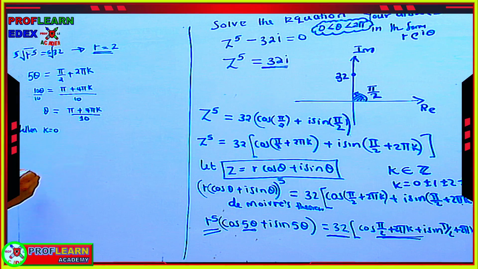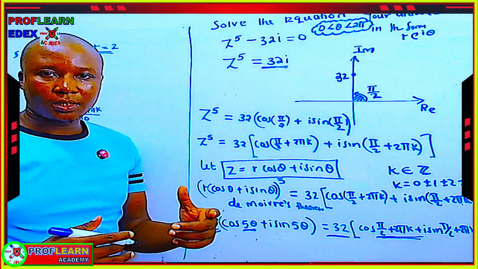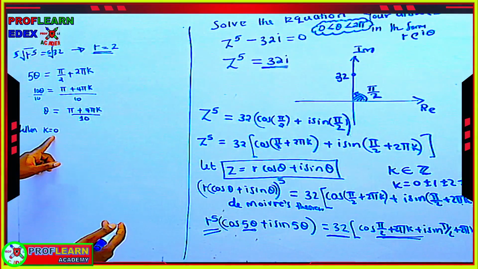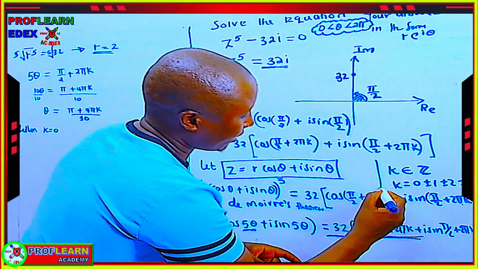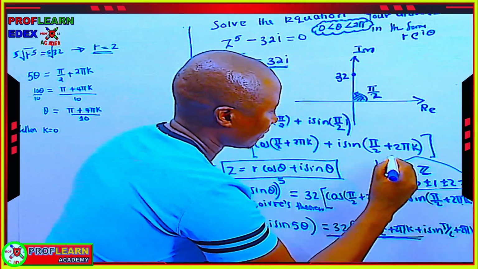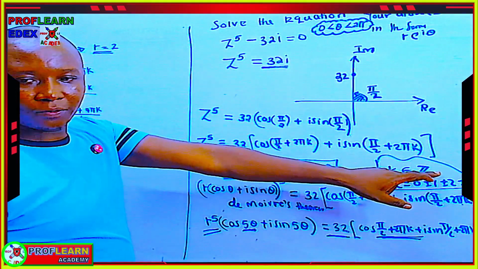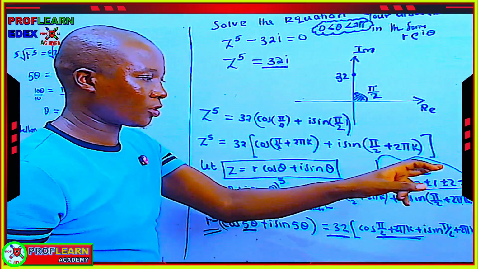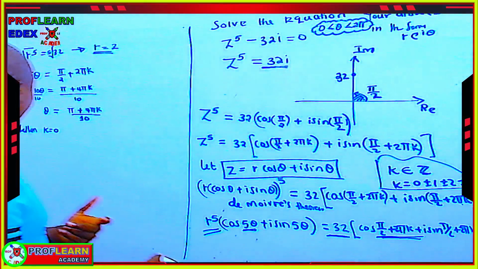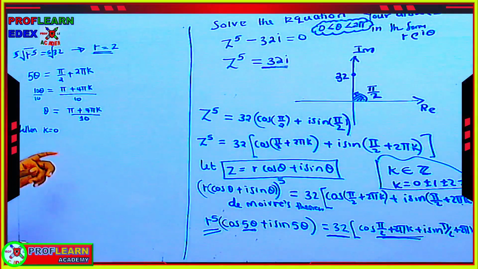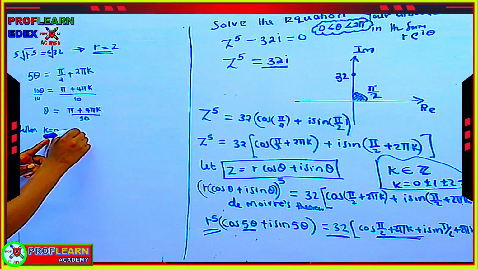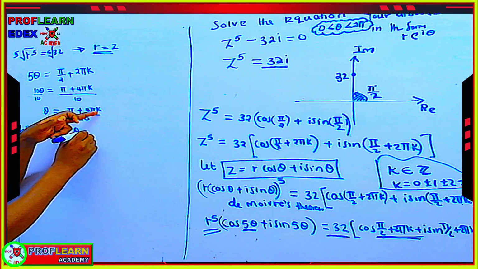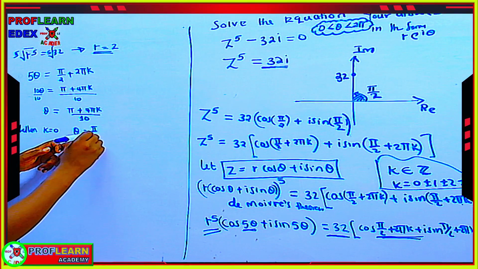So in that case, we are going to start with k equals 0, because the solution is going to be a set of values. Remember here we said k is a member of the integers: 0, plus or minus 1, plus or minus 2, plus or minus 3 and so on. So the first one is when k is equal to 0, then our theta is going to be (pi plus 4 pi times 0) over 10, that will be pi over 10.